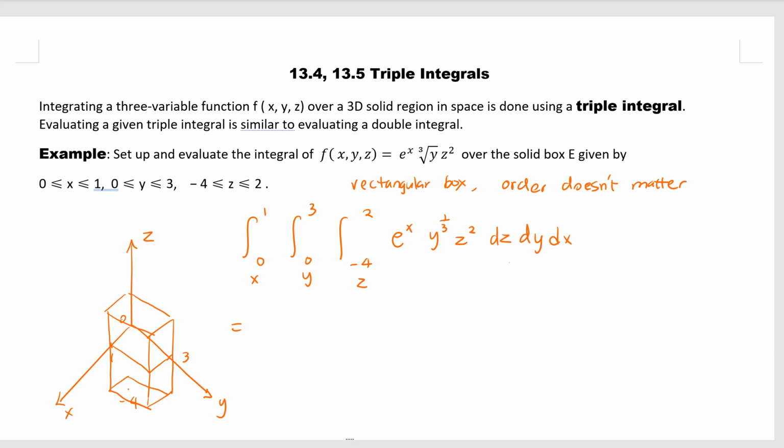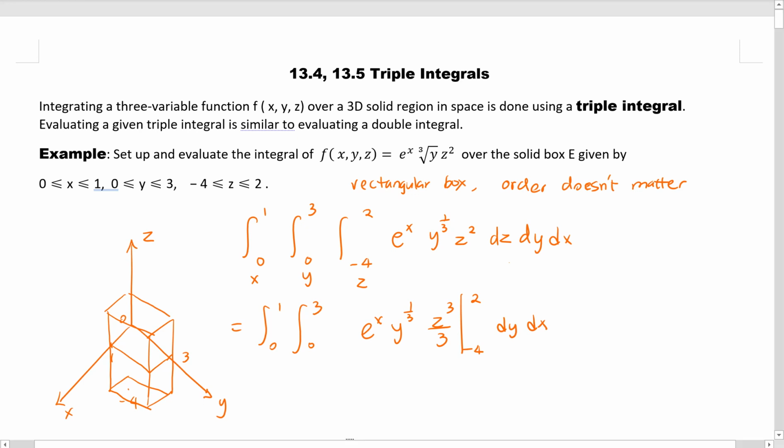Okay, so we calculate from the inside to the outside. So let's copy down those. The integral with respect to z, we copy down this. Z cubed over 3, right? Evaluate from -4 to 2, dy dx. And then what happened?